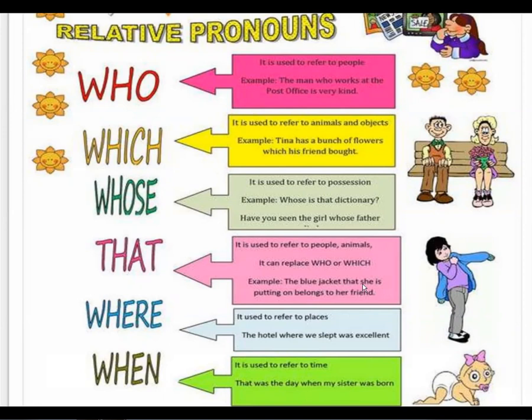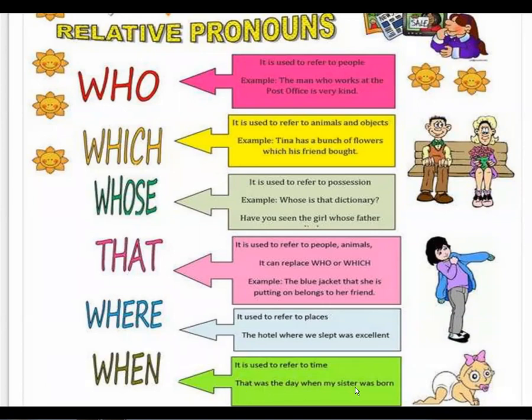The blue jacket that she is putting on belongs to her friend. The hotel where she slept was excellent. So can you guess the usage of relative pronouns?